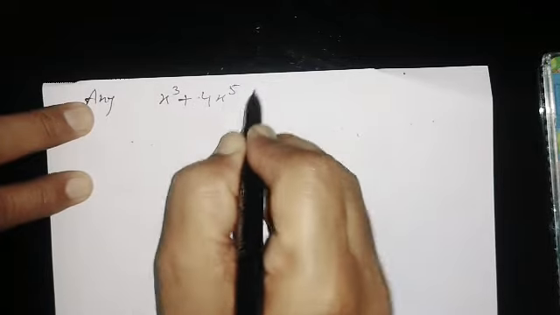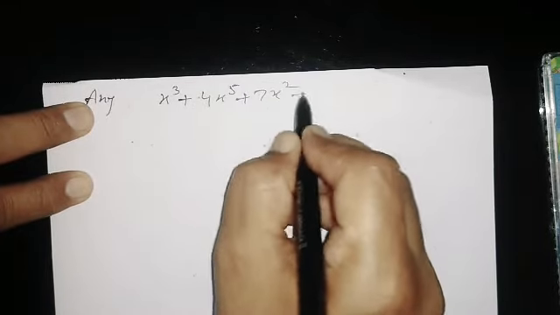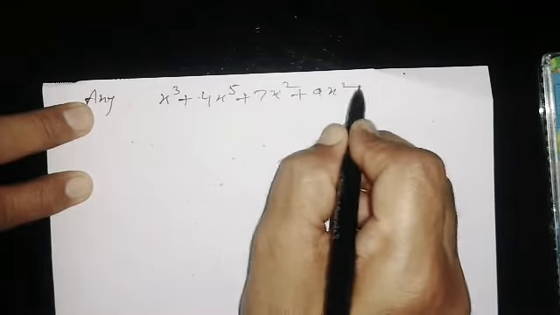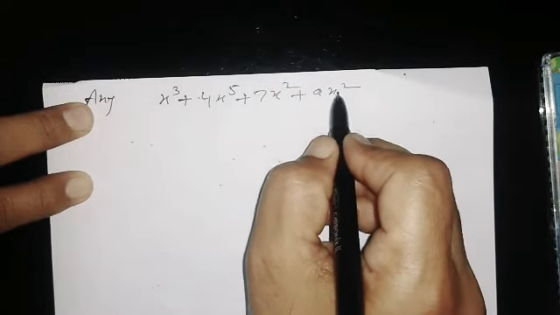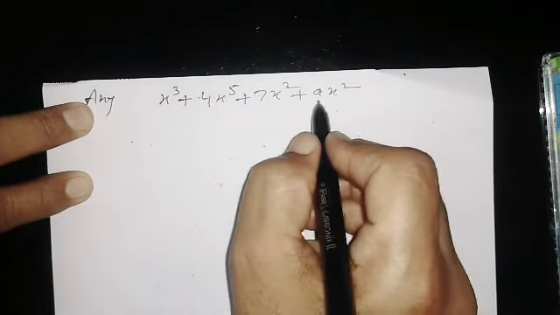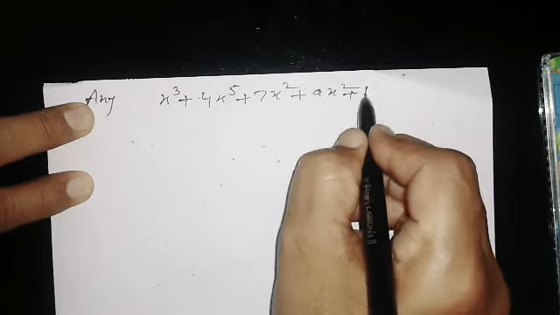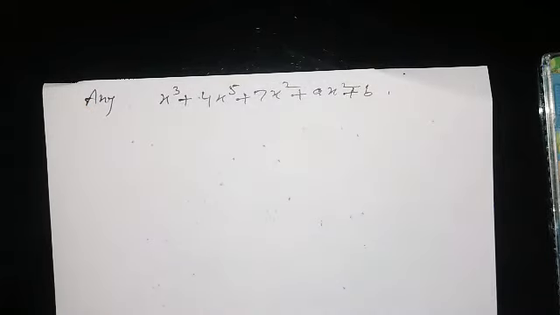So next topic, you say any expression, algebraic expression x cube, 4x^5, 7x^2, ax square plus b. This is polynomial.